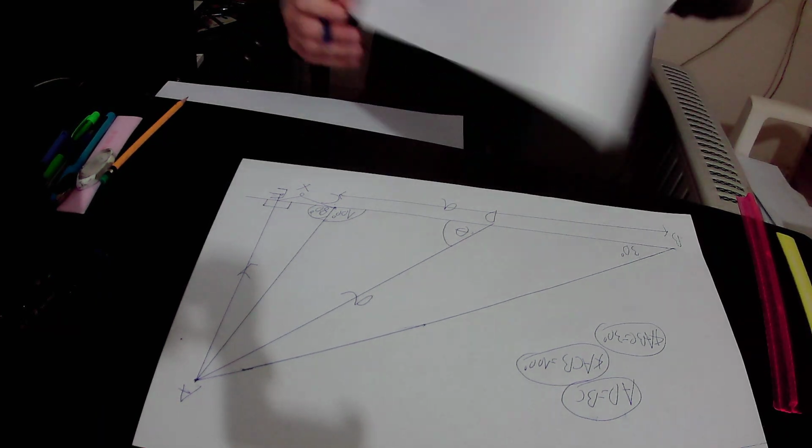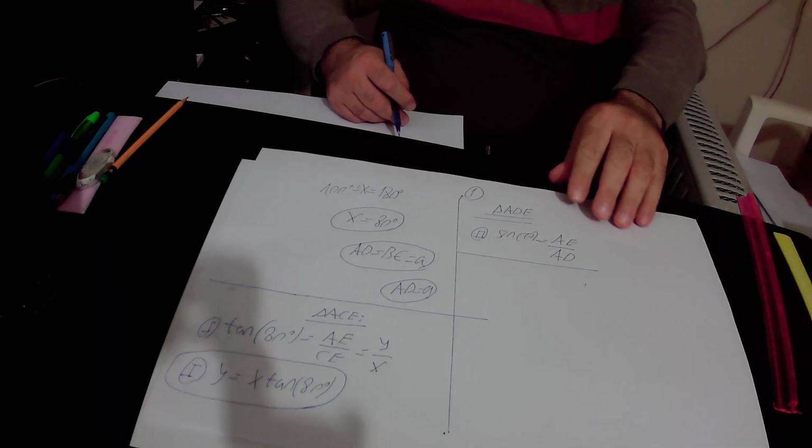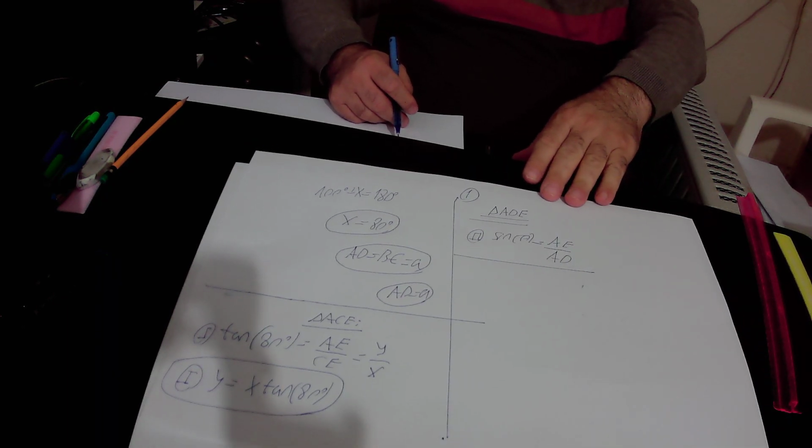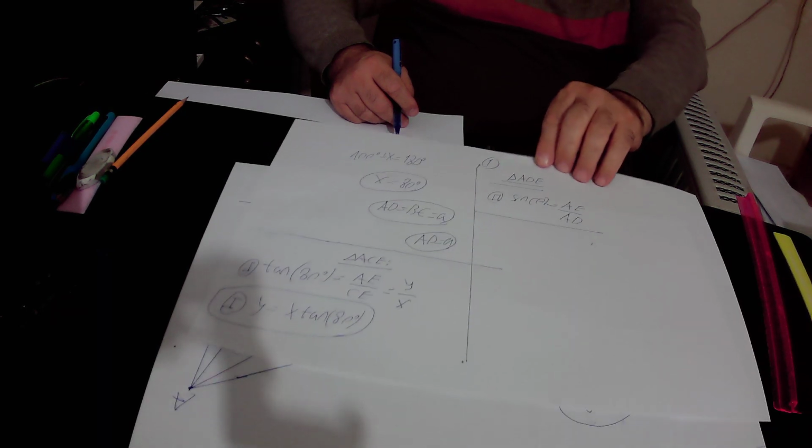I repeat again. In the right triangle ADE, sine theta equals AE over AD.